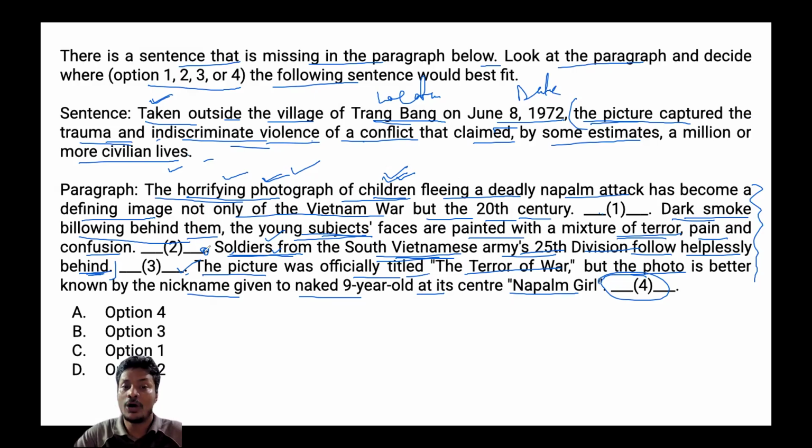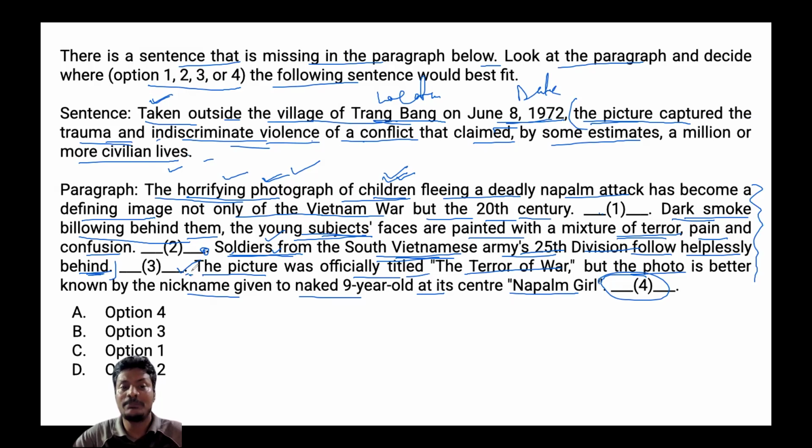Then option 2 is also continuation by telling about the children, also continuation of telling about the soldiers, right? Then option 3 would be nothing but showing about the horrifying photograph, the background location and the date. So which is evident, it is a fact, isn't it?